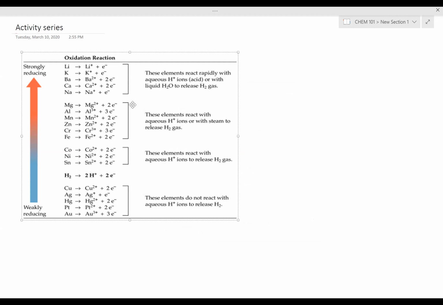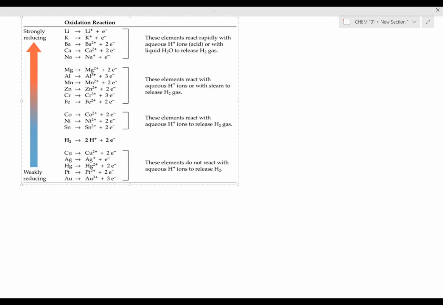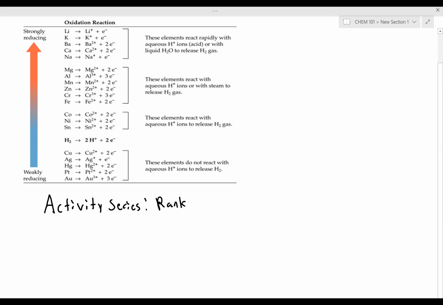Now let's talk a little bit about what an activity series means, what it does, and what the purpose behind it is. The activity series, quite simply, ranks species by their reactivity, in this case as reducing agents.